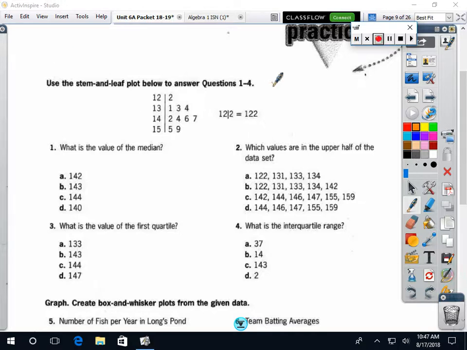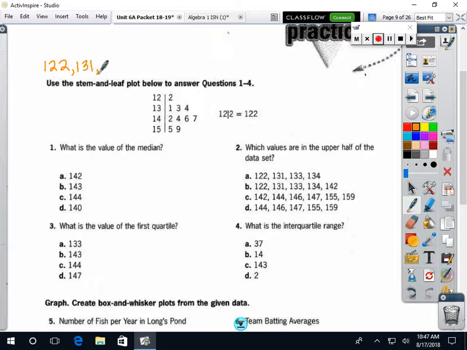What's the very first number in the stem and leaf plot? Right, 122. Because remember, on the left side of the bar is the stem, and that's the first digits of the number. And on the right side is the leaves, and that's always just the last digit of the number. And it shows over here that that's how you read it, 122. So what's the next number in this data? 131.